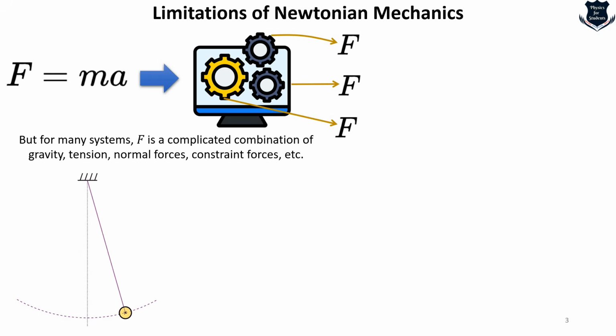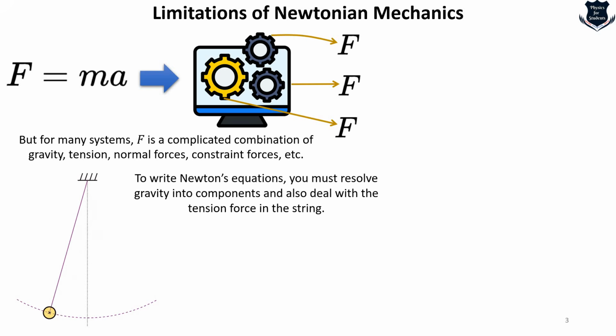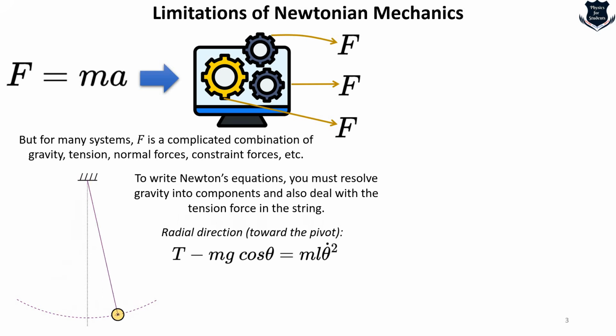Now, if we consider, for example, a pendulum, in order to write Newton's equations, you must resolve gravity into components and also deal with the tension of the force that is lying in the string. So first, we need to find what is called the radial direction, which is pointing towards the pivot, and we get an equation like this.